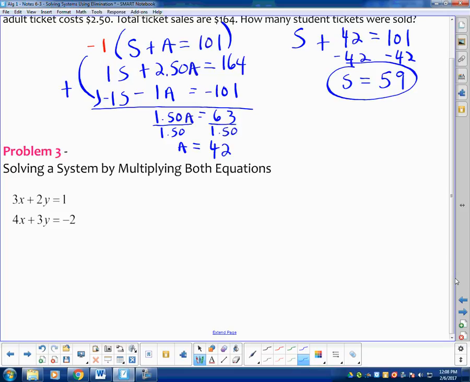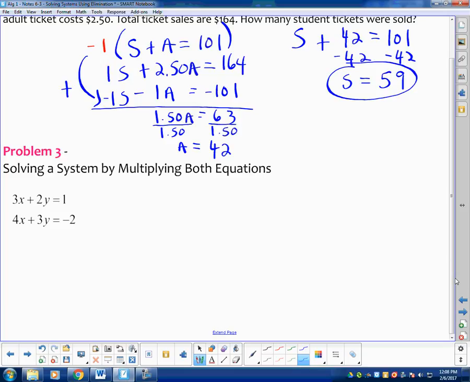So here I have 3x plus 2y equals 1, 4x plus 3y equals -2. If I added these, I would get 7x plus 5y equals -1. Nothing is eliminated. But what is the smallest number that 3 and 4 have in common?